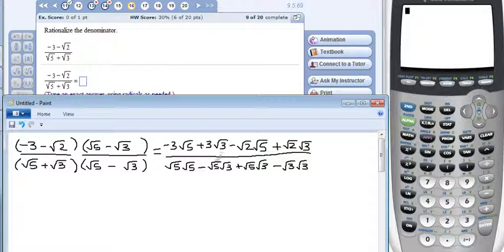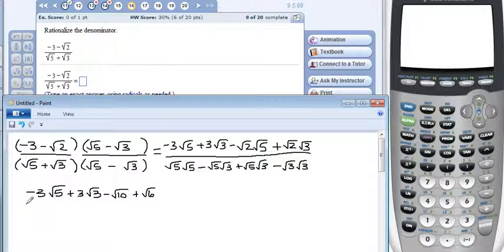Well, I'm going to combine this and this with my product rules. So let's just do that first of all. Minus 3 root 5 plus 3 root 3 minus root 10, right? I'm going to combine my 2 and my 5 with multiplication, plus root 6. I don't think anything in there can be reduced or combined.